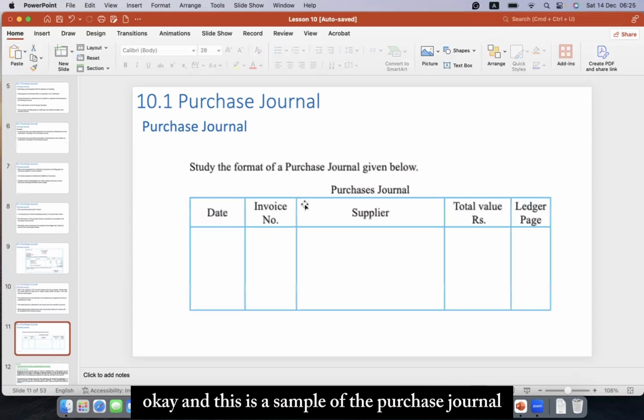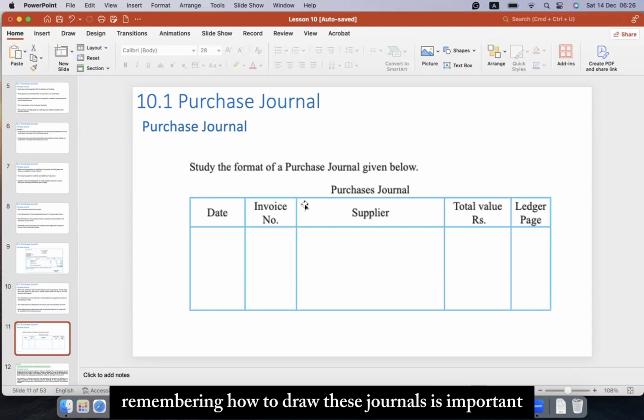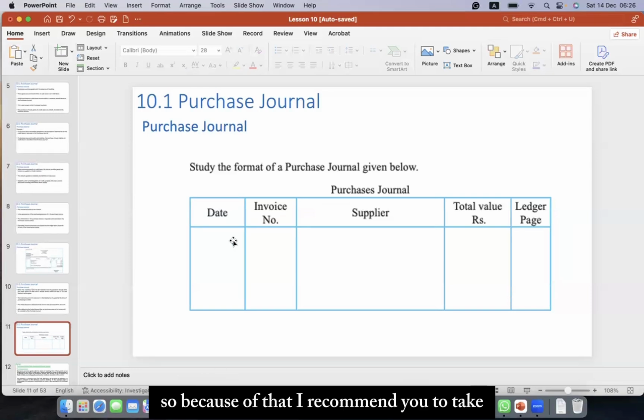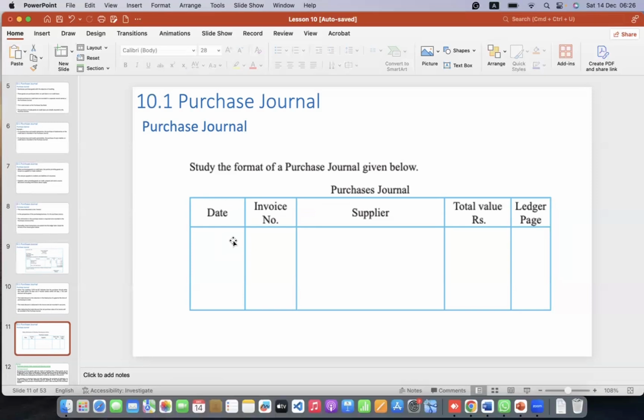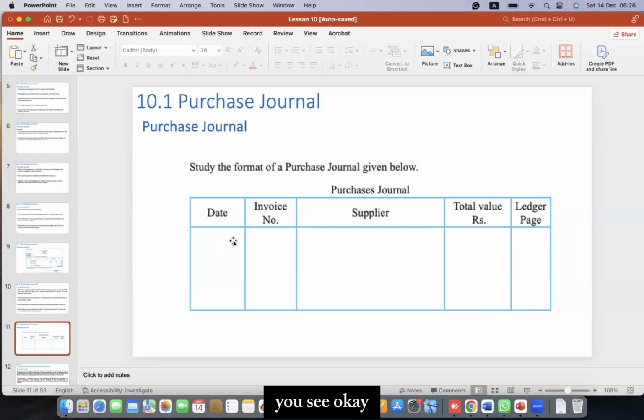And this is a sample of the purchase journal. Remembering how to draw these journals is important, because if you are asked to draw one, you will have to draw it. So I recommend you take a piece of paper and draw all these journals, the purchase journal, sales journal and all the journals, and paste them somewhere you can see.